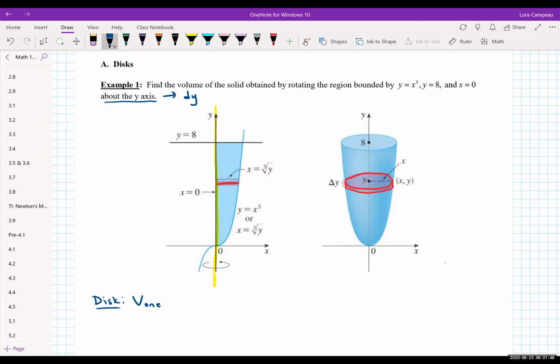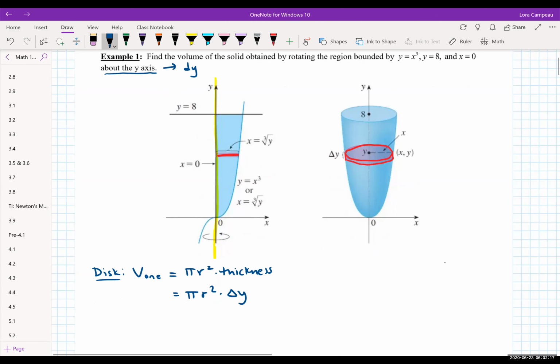The disk is like a mini cylinder, so the volume would be pi r squared times our thickness, or times h if you were really looking at the cylinder. Since we are revolving about the y-axis, our thickness will be delta y. At least we can set that up for the meanwhile.